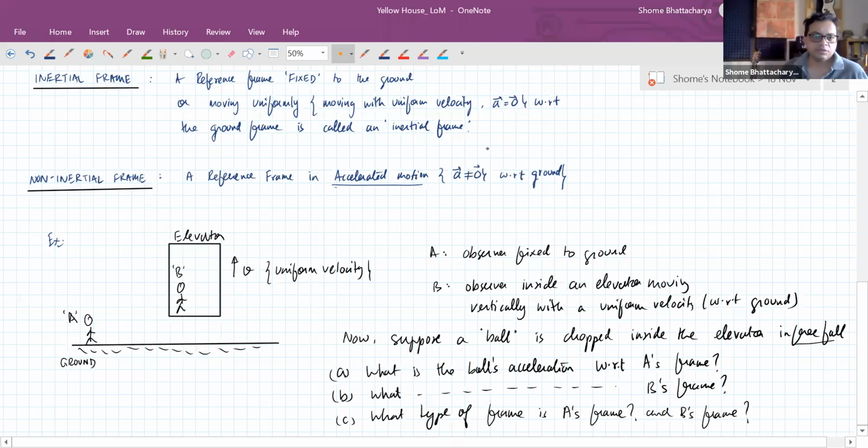Just note down the definition of inertial frame and non-inertial frame and tell me the answer of this question.